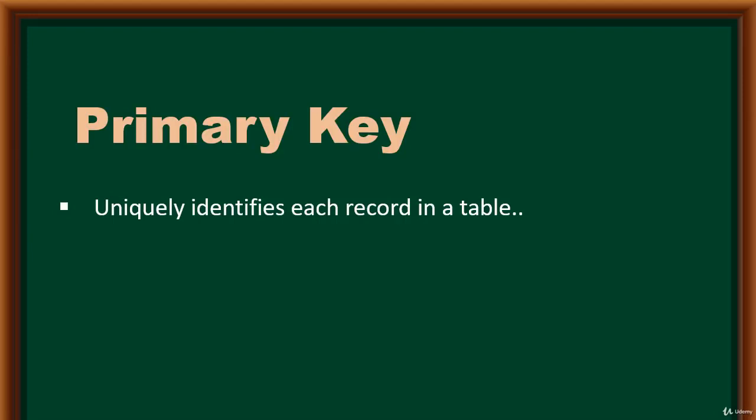A null value basically is a value that is not represented, is unknown. So there must be a value that identifies each record uniquely in a database table. Also, a table can have only one primary key, which can consist of a single or multiple fields.